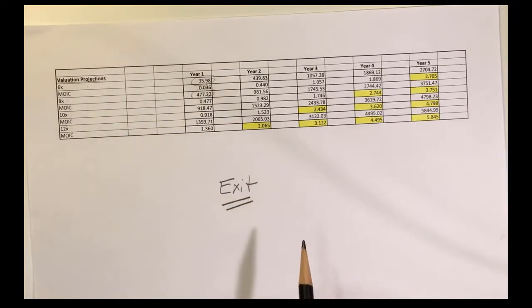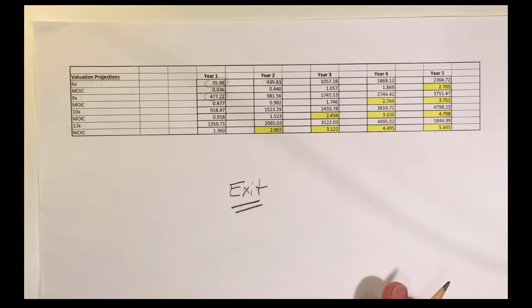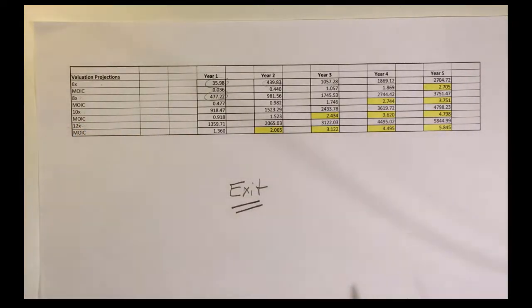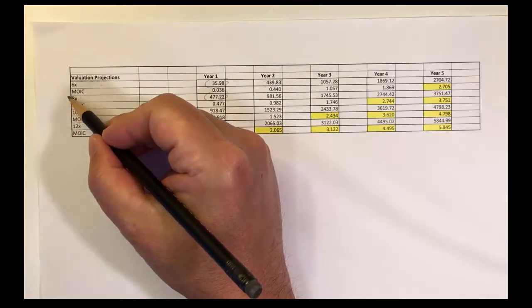Other reasons why multiples might change: multiples change from market to market. In a very bullish market like we have at the moment, multiples are very high. But in a world where price earnings ratios and other market factors are shifting downward, where it's less bullish, all multiples will shift downward.